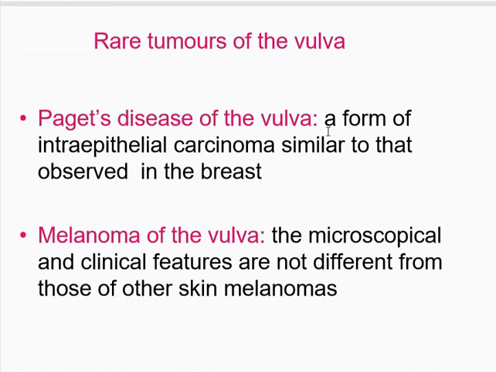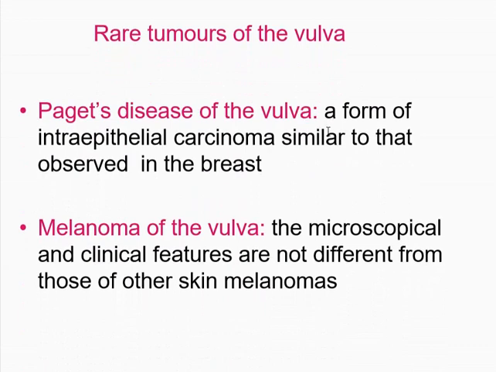Two rare tumors of the vulva are mentioned. One of them is Paget's disease, which is very similar to that of the breast seen in the nipple. This is intraepithelial spread of glandular epithelial neoplastic cells.